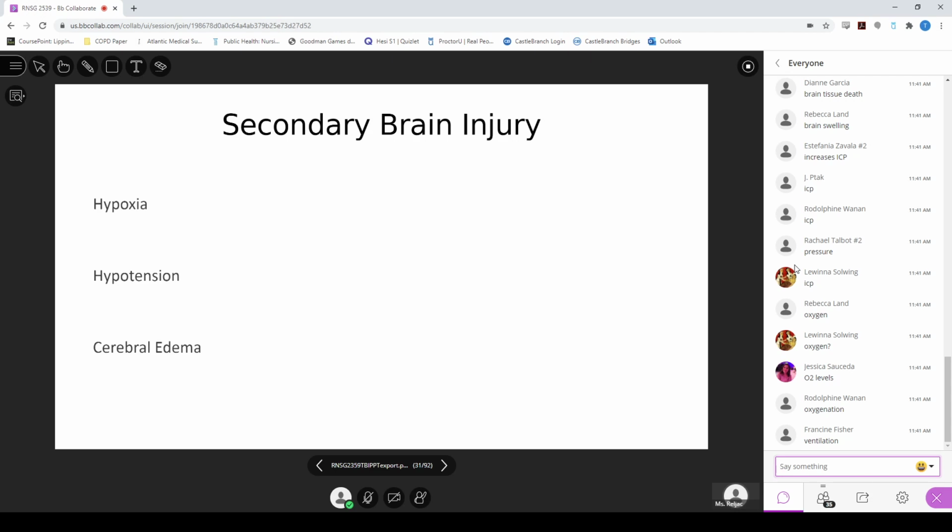So when an airway is obstructed, that causes carbon dioxide retention, right? And you can also have carbon dioxide retention from hypoventilation, someone who's breathing on their own but not well enough. What does that carbon dioxide retention cause? Do y'all know that?